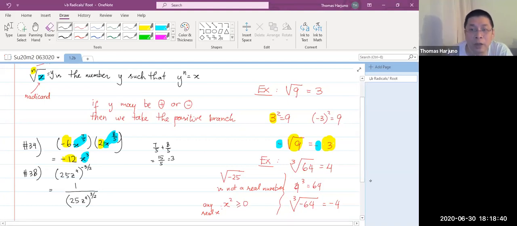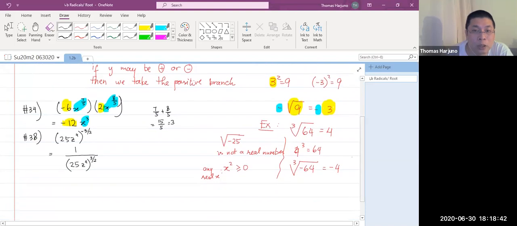Now, another thing that I forgot to mention earlier is this. When we have the nth root of x, this means x to the power of 1 over n.